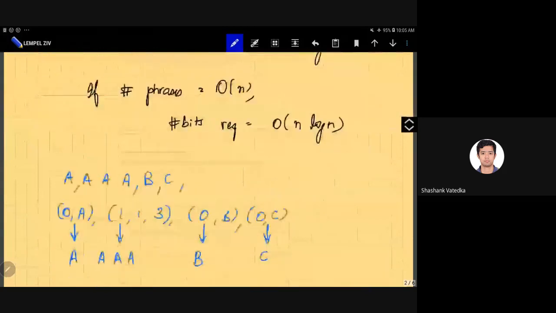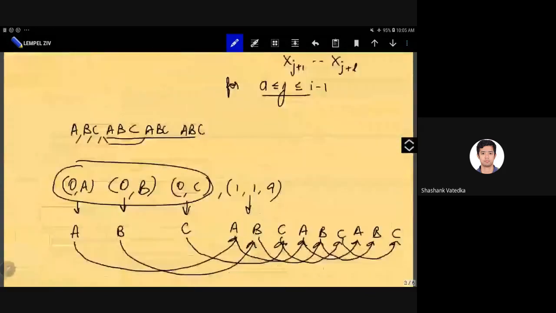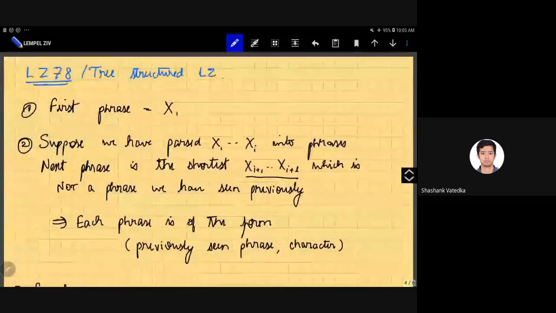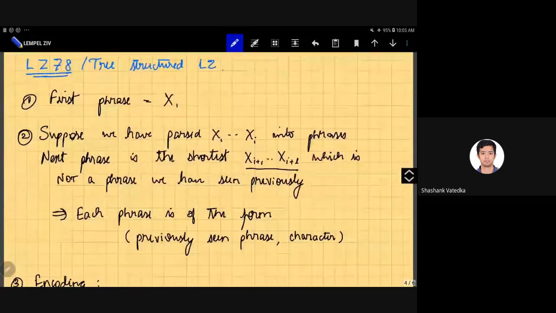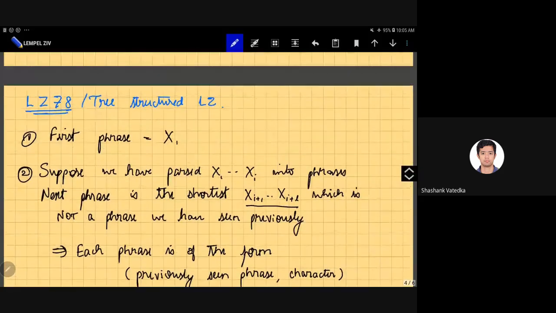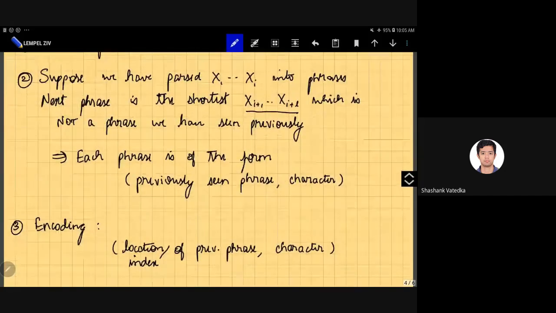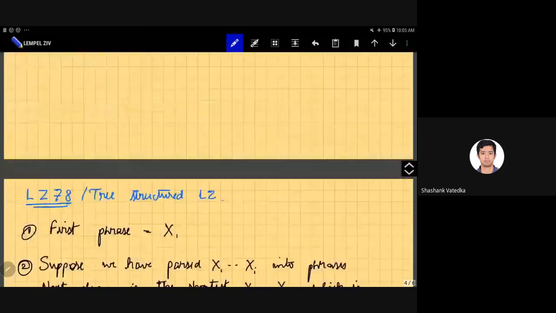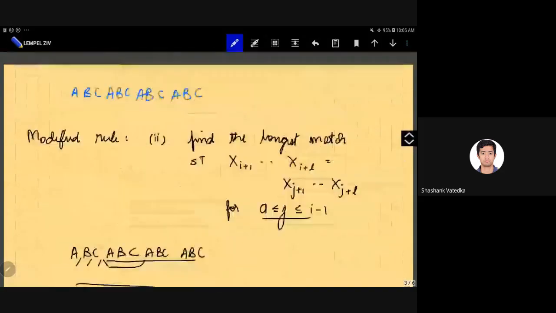On the other hand, the LZ78 algorithm parses into phrases such that you look for the shortest subsequence which is not a previous phrase. Right? And we've seen that each phrase is encoded into either a pair or a triplet.